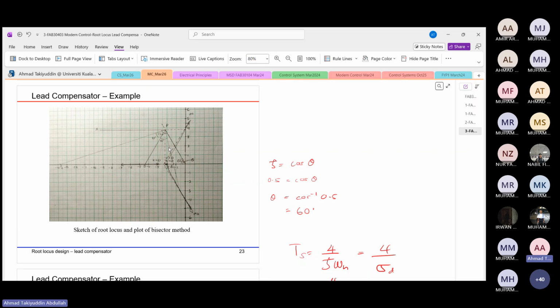Just focus on one point, and the other plot for the negative j-omega side will follow the condition that the plot should be symmetric about the real axis.